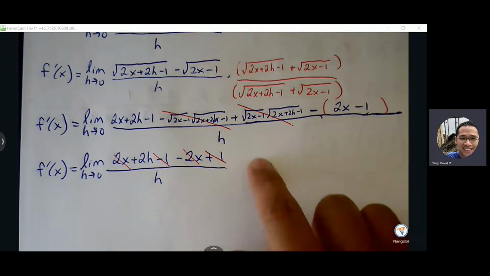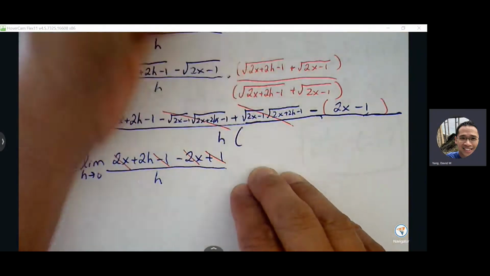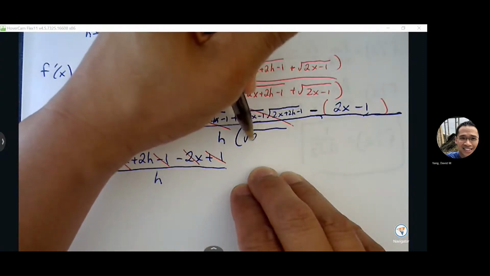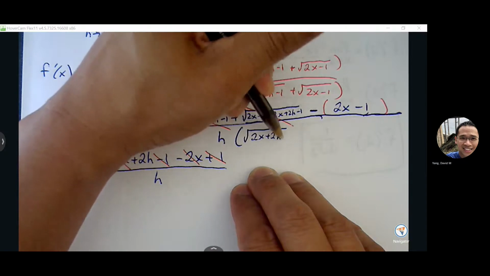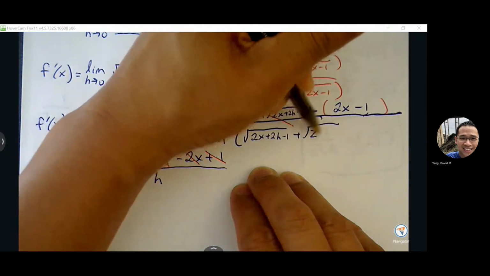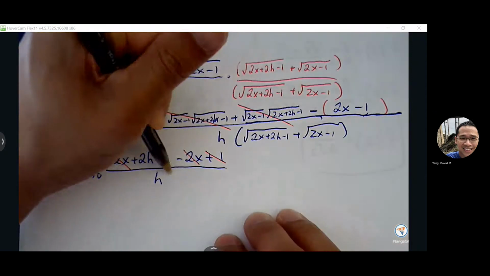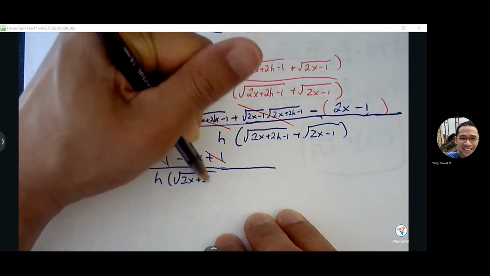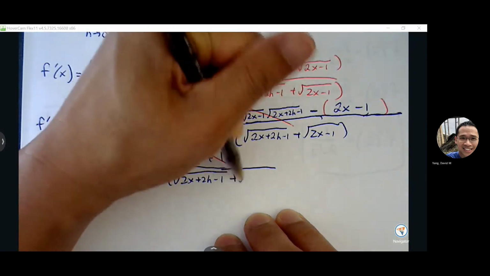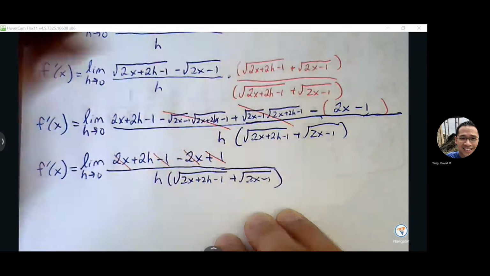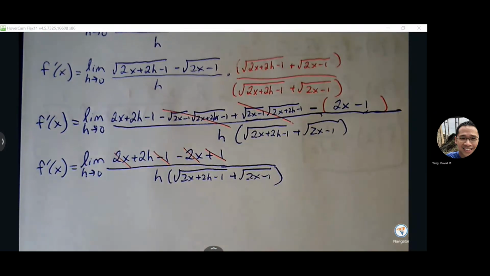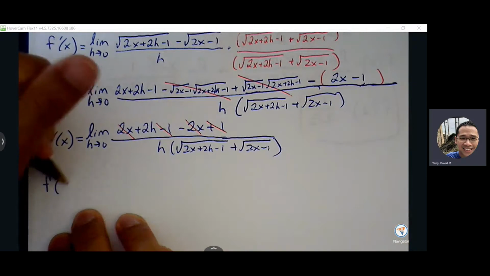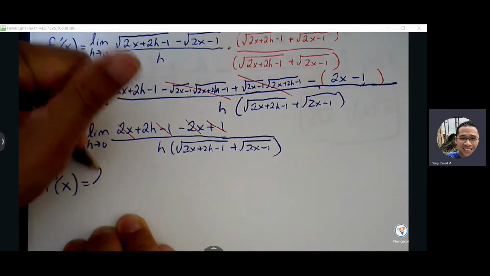Oh, I missed something. The denominator needs to have this as well. The h's cancel out cleanly. There's still that 2 left up top.